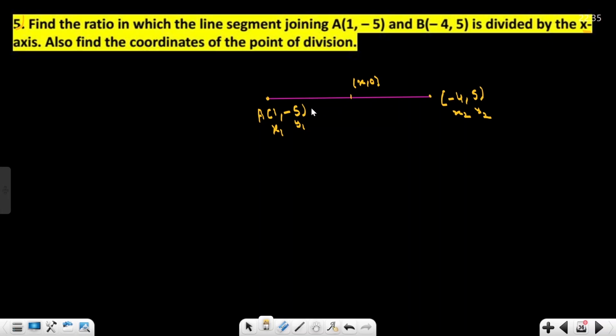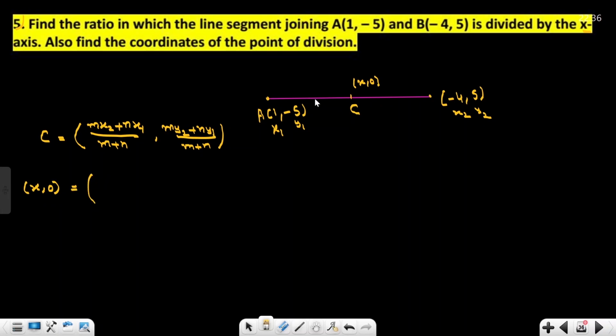Give the C coordinate as the section formula: (mx2 plus nx1) divided by (m plus n), and (my2 plus ny1) divided by (m plus n). We don't know m and n. The C coordinate is (x, 0), and I directly solve for the ratio m to n.